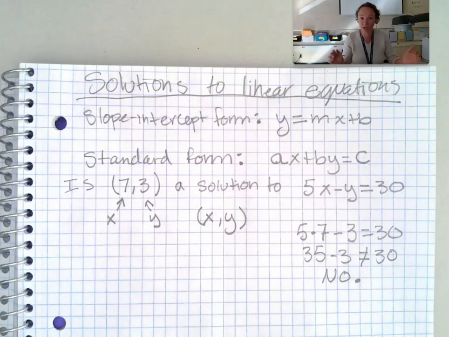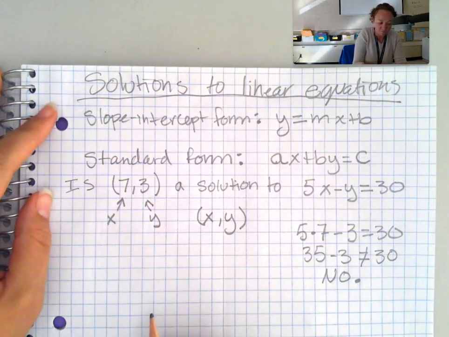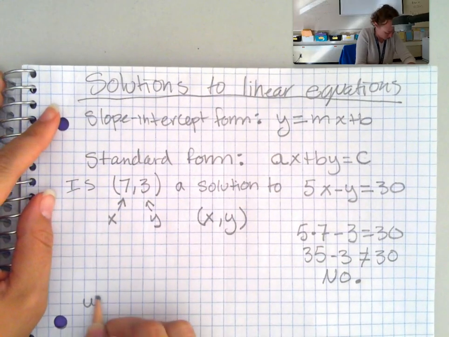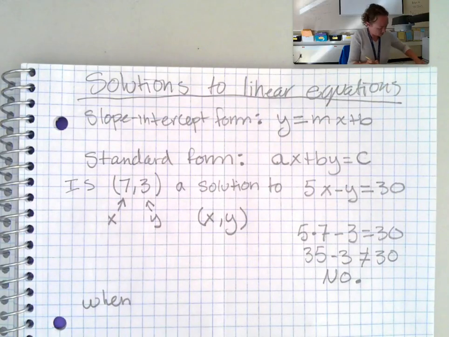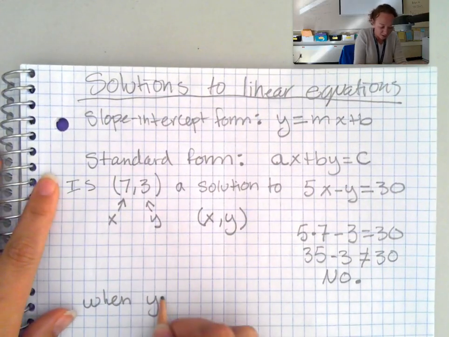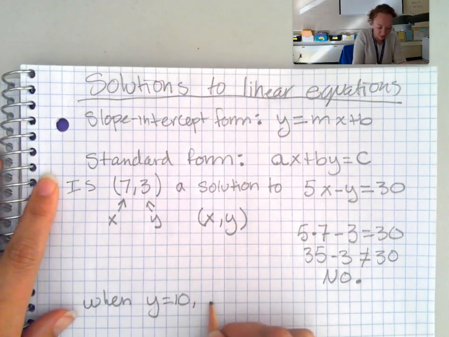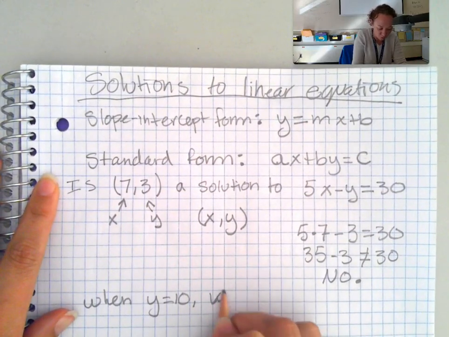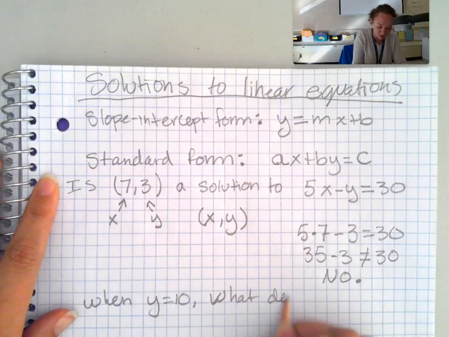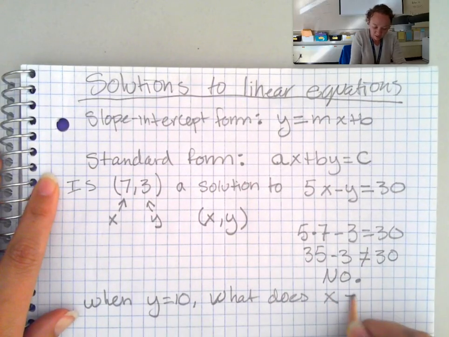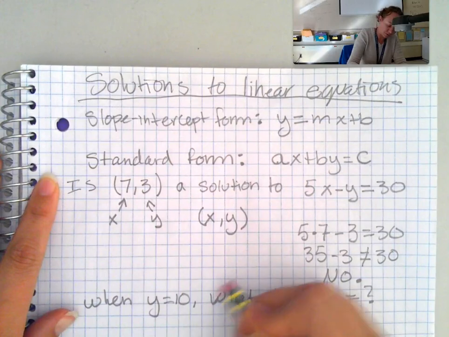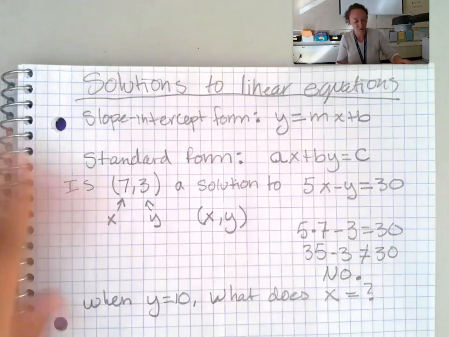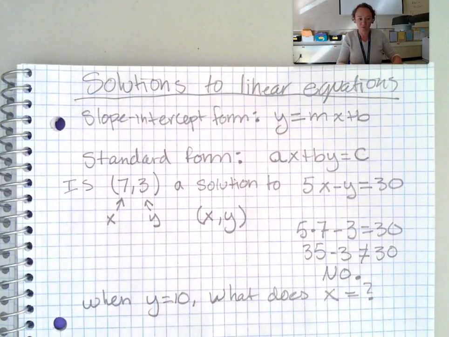Okay, another way you might be asked this question, a different version of this question, would be: when y equals 10, what does x equal? And let's do a new equation for this one.